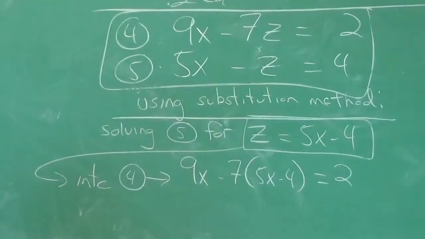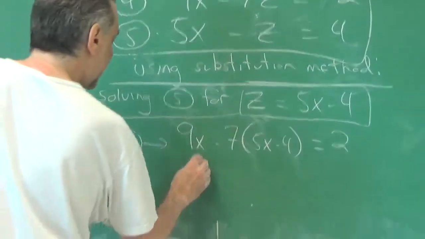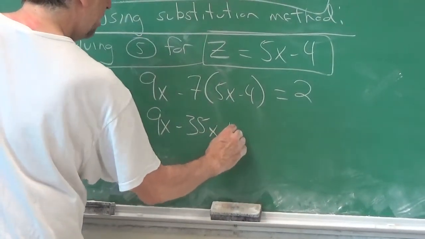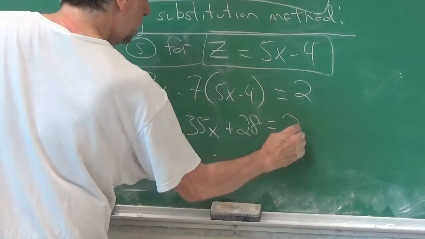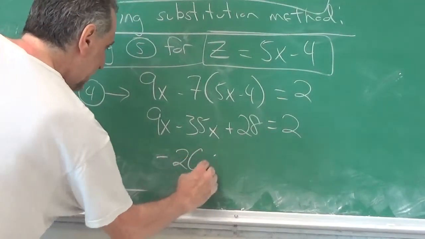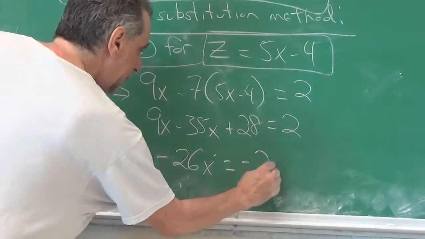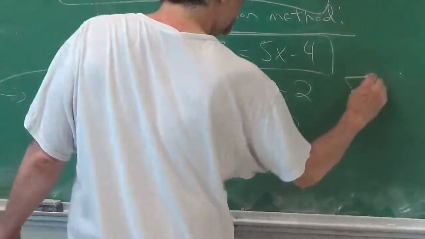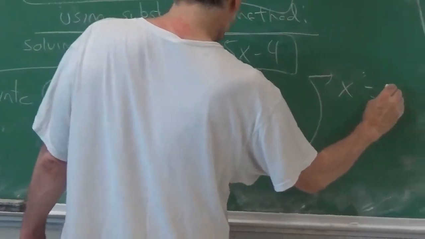Now I've got my nice one variable equation, 9x minus 35x plus 28 equals 2. So we get negative 26x nicely equals negative 26, which gives us an x of 1.